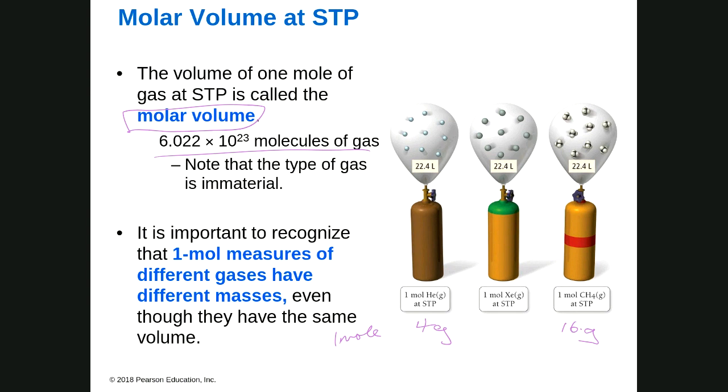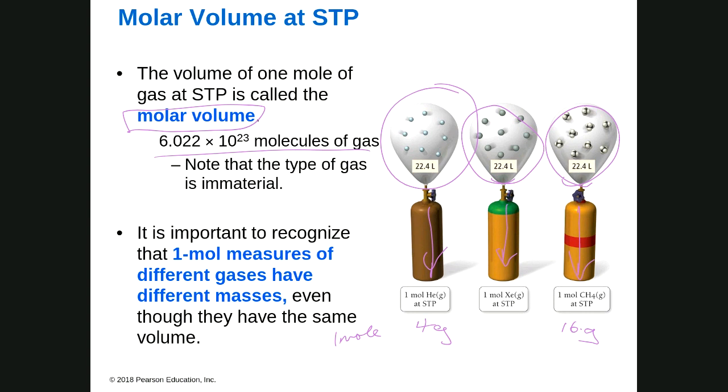But the molar volume is the same for each one at standard conditions. So 22.4 liters is 1 mole of helium. 22.4 liters is 1 mole of xenon, and 22.4 liters is 1 mole of methane. So they all have the same molar volume as long as they are at 0 degrees C, 1 atmosphere of pressure, and 1 mole of gas, right?